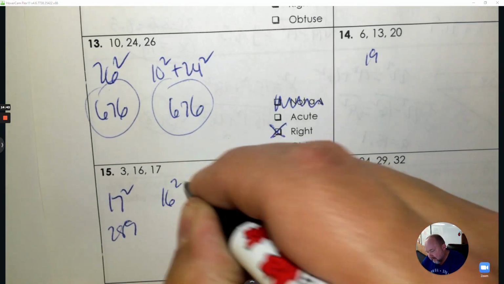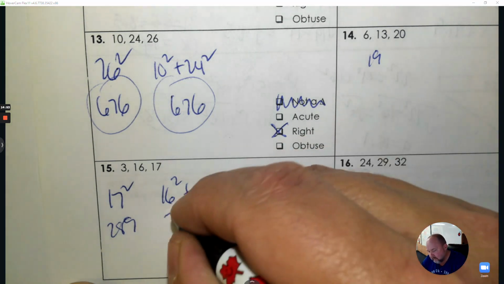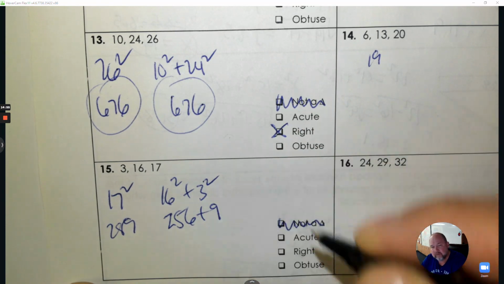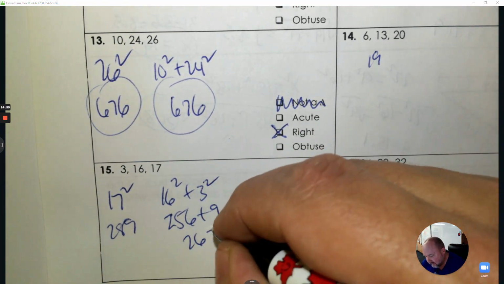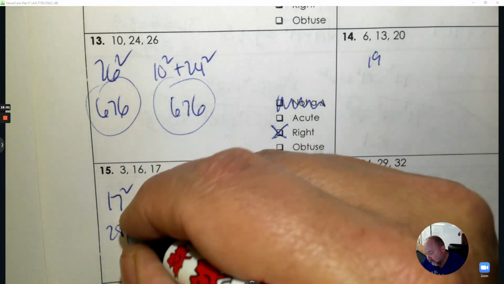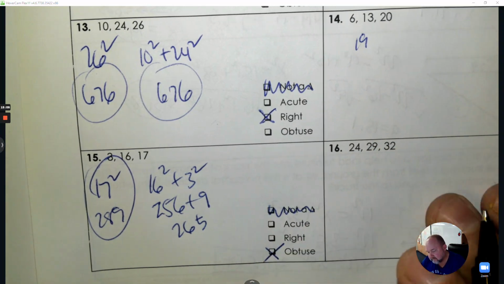Then I take the other two sides, I square and add them. So that's 16 squared, 256, plus 3 squared, which is 9. What is that together? 265. So the hypotenuse is bigger, so it's an obtuse triangle.